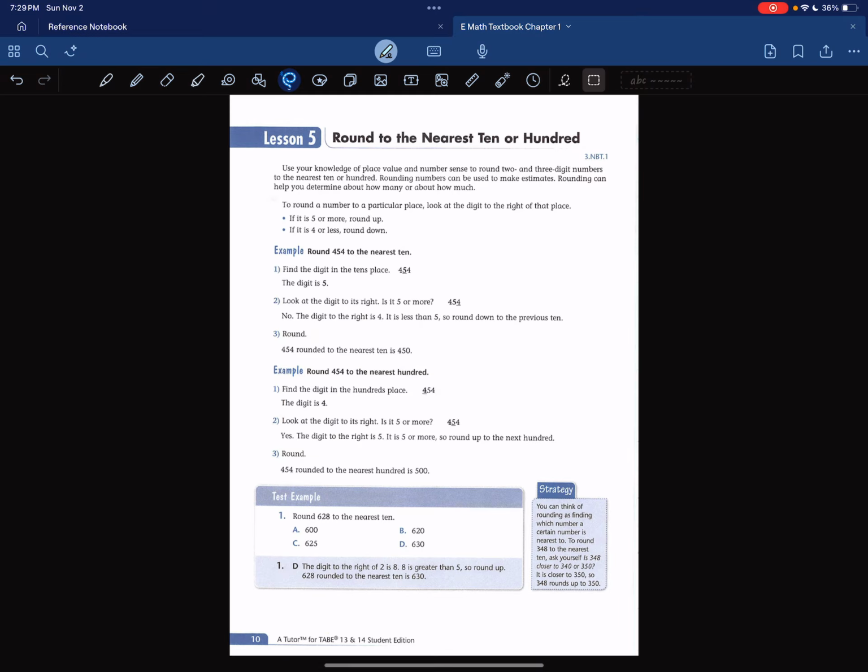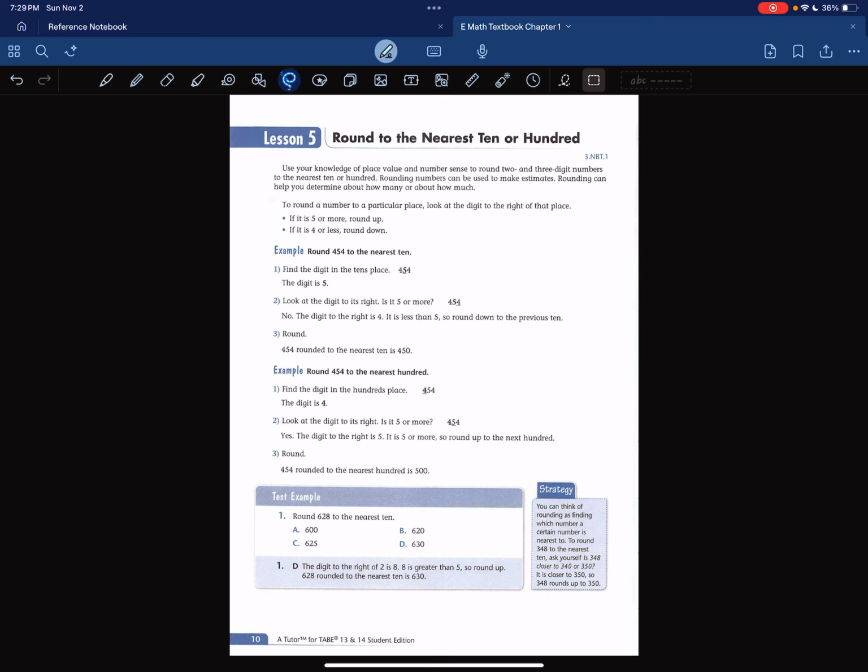Okay, on page 10 of the textbook, we are going to look at some examples. This says, Lesson 5, round to the nearest 10 or 100. Use your knowledge of place value and number sense to round 2 and 3-digit numbers to the nearest 10 or 100.